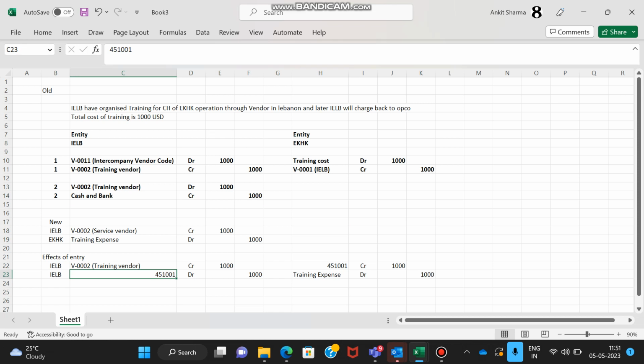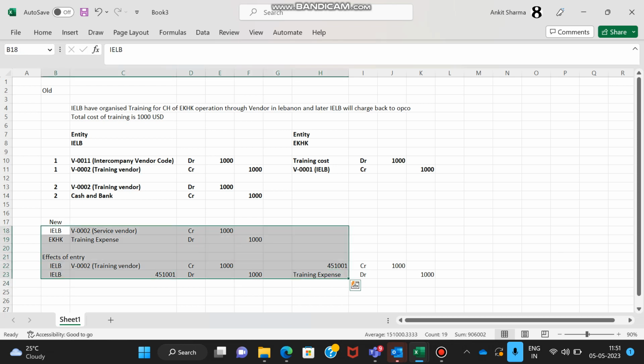So the affected GL would be 45001, and similarly in the books of Ekistok Hong Kong, an auto entry would be accounted, which will credit the intercompany account directly in GL and debit the expense account. So we shall see on the ERP how this transaction would be effected.